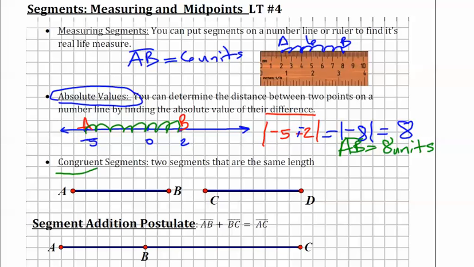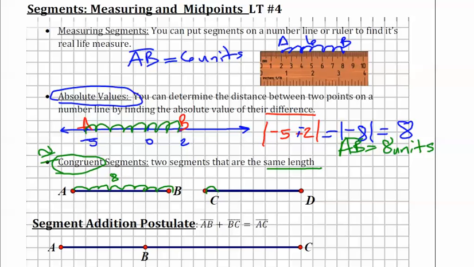We have these things called congruent segments. Congruent is maybe one of the most important words you will ever learn in geometry, and the symbol looks like this. It's an equal sign with a curly thing on top. Congruent things are things that are exactly the same. They have the same measure. They're the same length, or two angles that are congruent have the same degree measure, etc. So in this case, we have 1, 2, 3, 4, 5, 6, 7, 8. So this is 8 units.